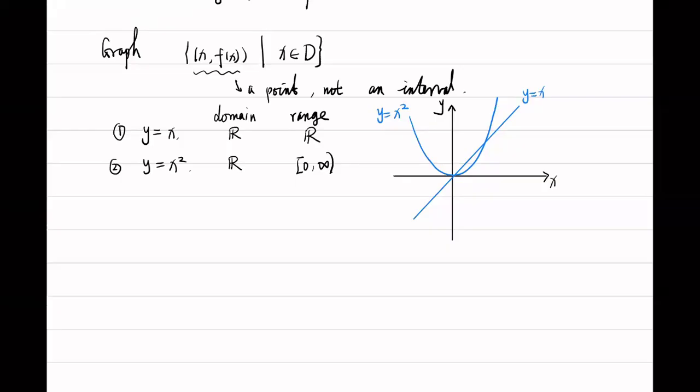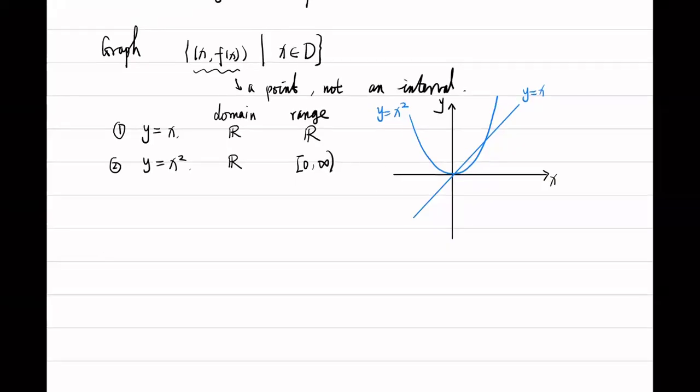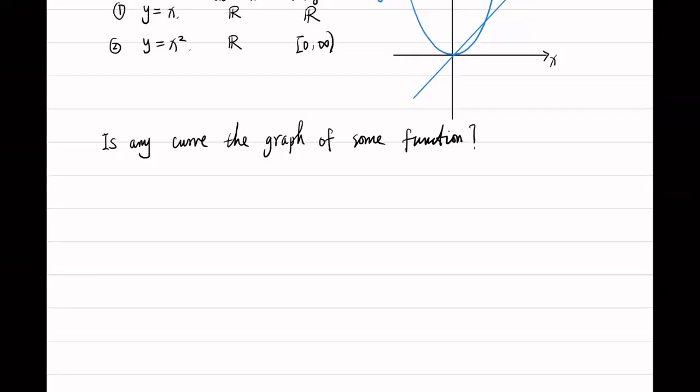In the other direction, if you give a curve, is it the graph of some function? Okay, Sophia, what's the answer to this one? Yes or no?